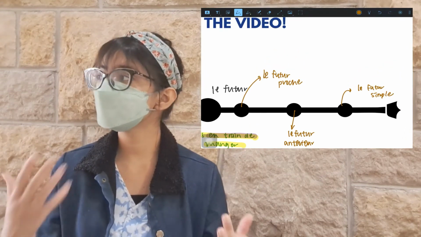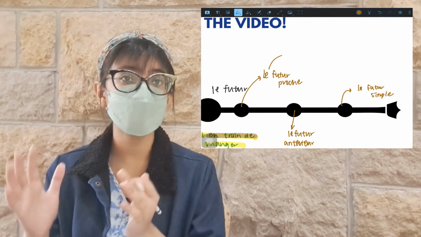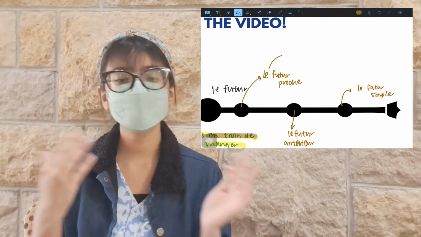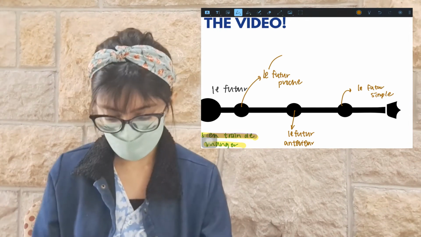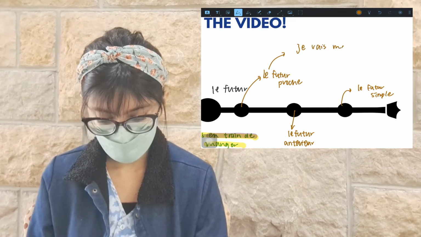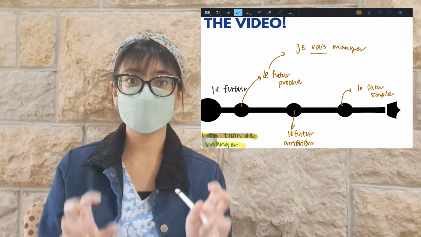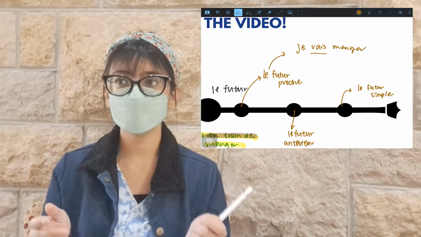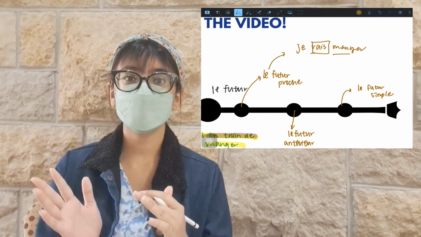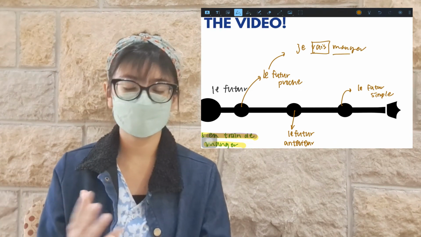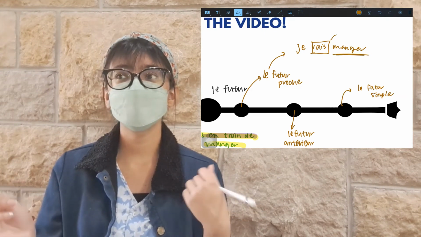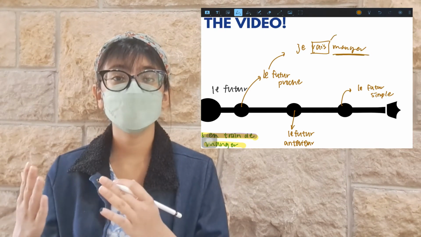Now, le futur proche is very basic. You have your aller verb, and you just conjugate it into the present tense, followed by an infinitive verb. So how does this go? Je vais manger. The verb aller is conjugated in the present tense, so you have vais, and then manger is the infinitive form, so you don't change it after the first verb.